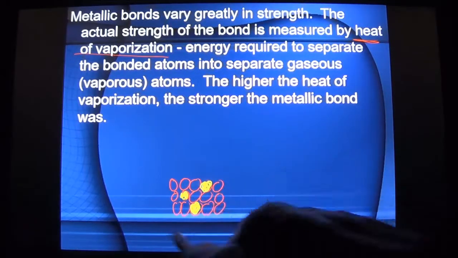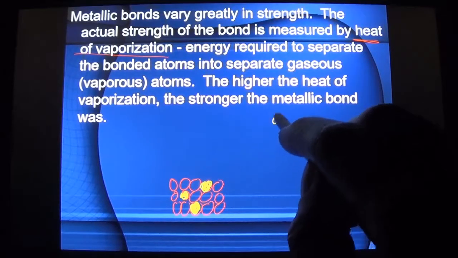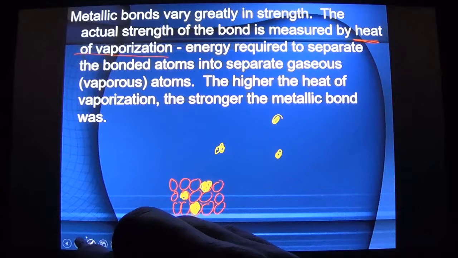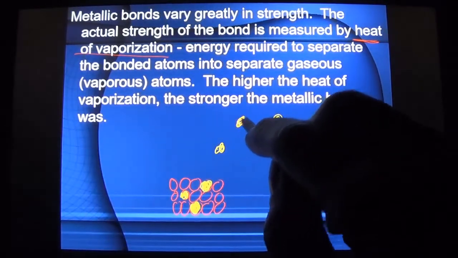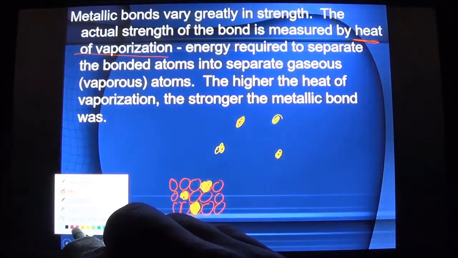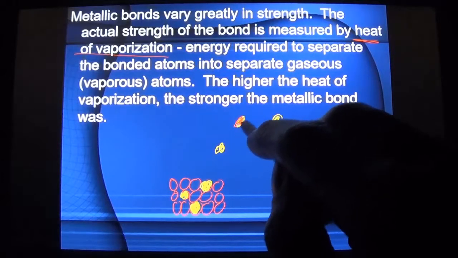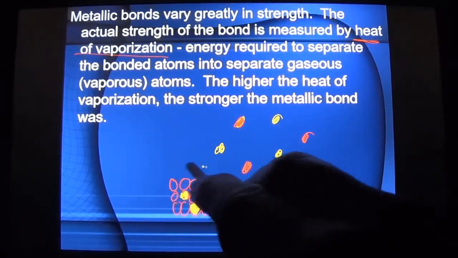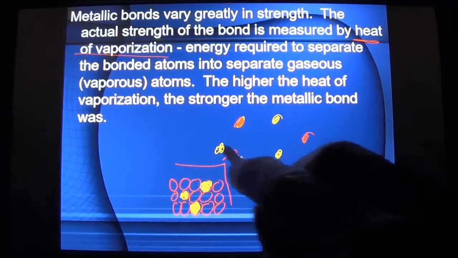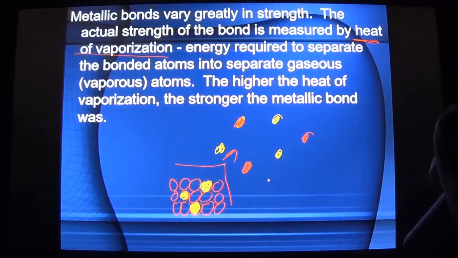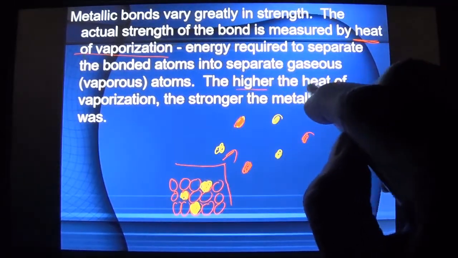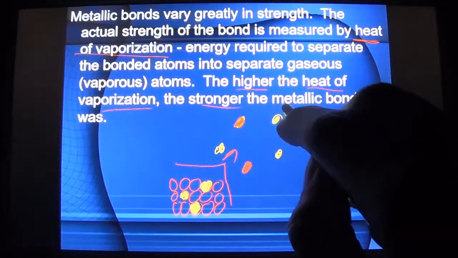The energy it takes to separate that all into individual atoms floating around of yellow and red. Going from that to that, that's heat of vaporization. And this is what you need to know about. The higher the heat of vaporization, the stronger the metallic bond.